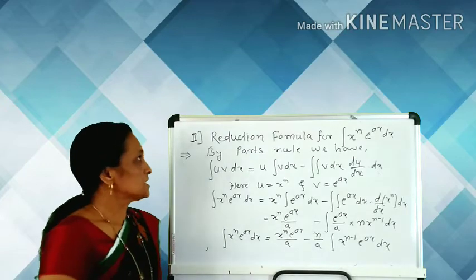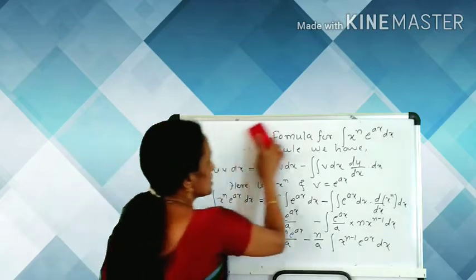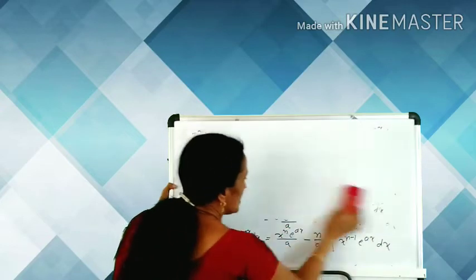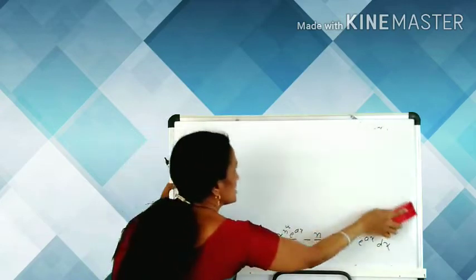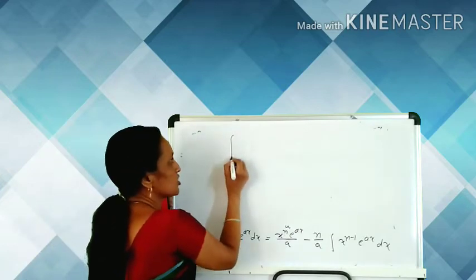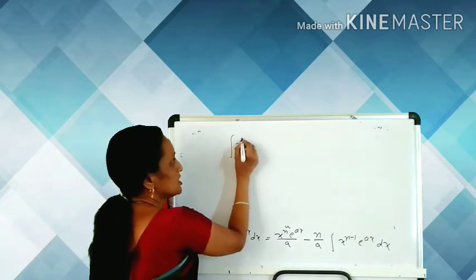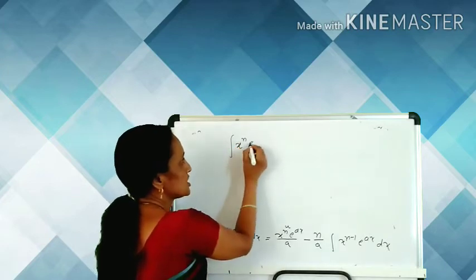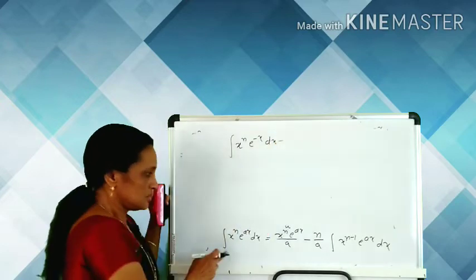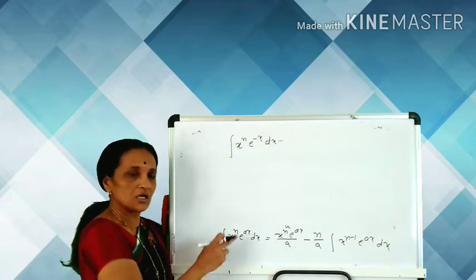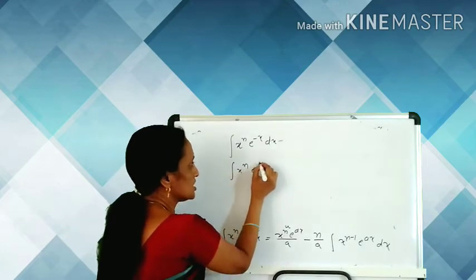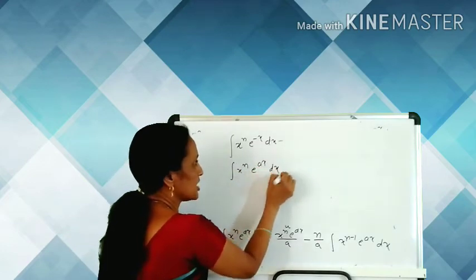Now, we say the first formula means the reduction formula for the function, and we see that formula is, in the first case we find out the formula for integration x raised to the n e raised to minus x dx, and your second reduction formula in your syllabus is for x raised to the n e raised to the ax multiplied by dx.